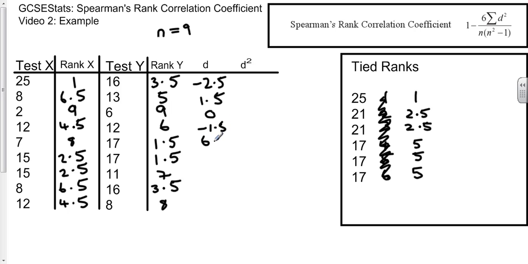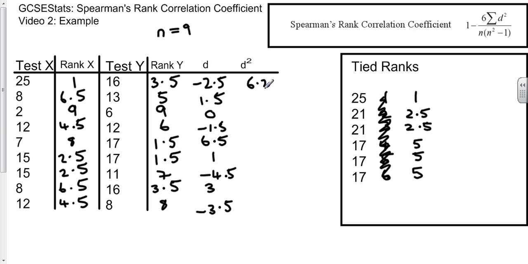This one is quite a big difference with 6.5. 1 minus 4.5, 3, and minus 3.5. Now, if you have a think about what would happen if we just added all these together, you'd come up with a fairly sensible answer and realise why we then have to square them.